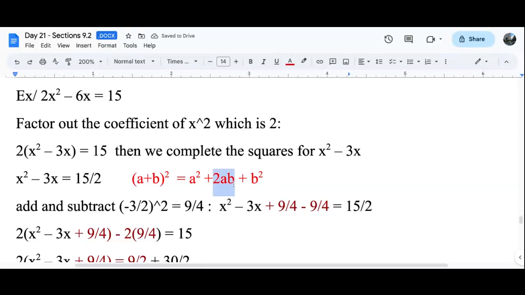You see the middle term is 2ab. In this case, the first term a is x, isn't it? So a equals x, and we're trying to figure out b. What's b? You see b is negative 3 over 2.